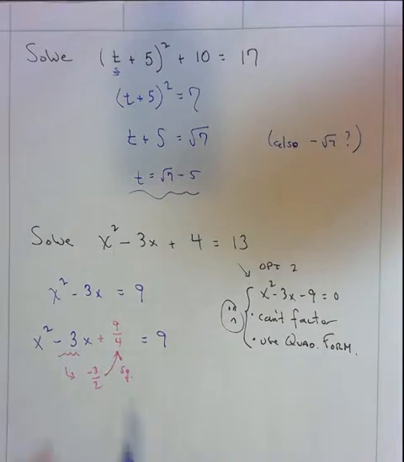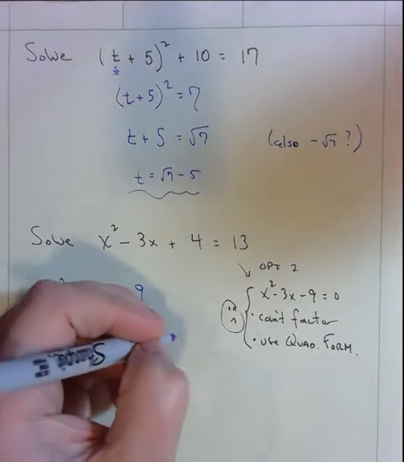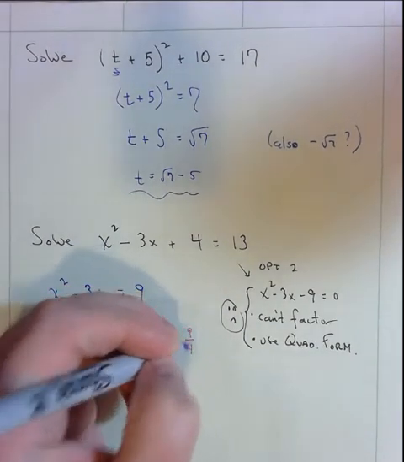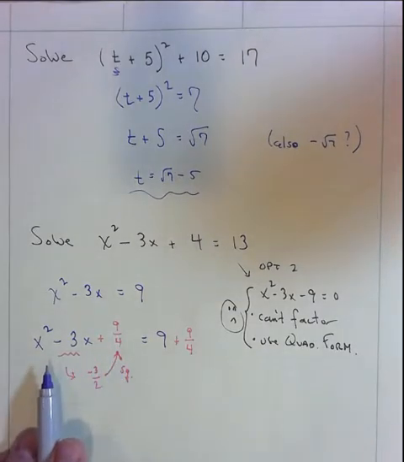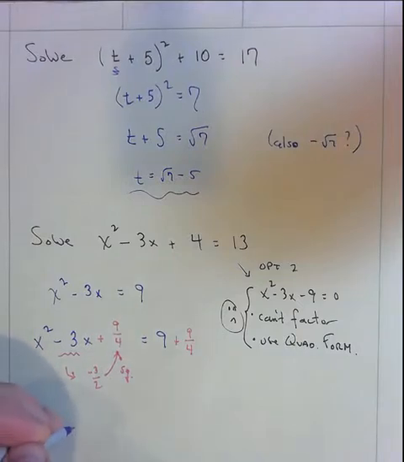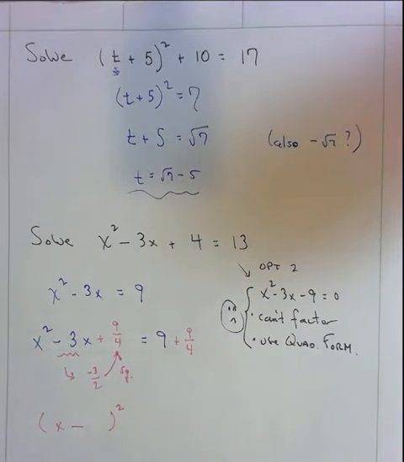Now, since we've added a constant to the left side of the equation, we must also add one to the right side of the equation. The reason we did that, though, is that we just happen to have created a perfect square. The mess we just made is factorable, and even better, the constant here in the binomial is actually this one.